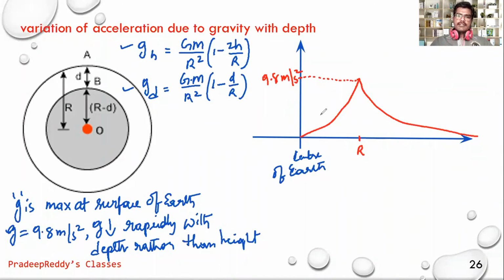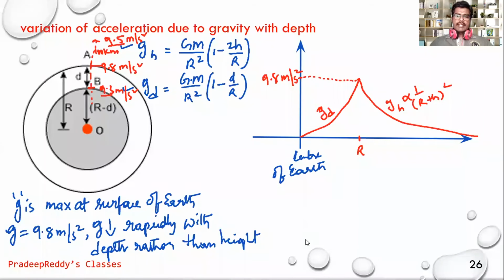So here this is g_d and this is g_h, which is inversely proportional to (R plus h) whole square. This is the graph plotted for variation of acceleration due to gravity with depth as well as with height. As I already told you, this can be a straight line.